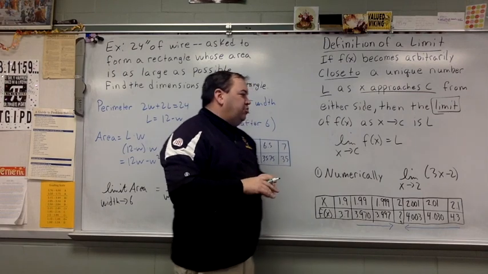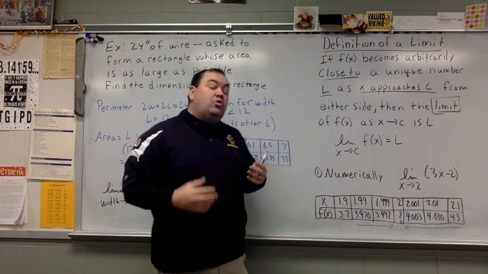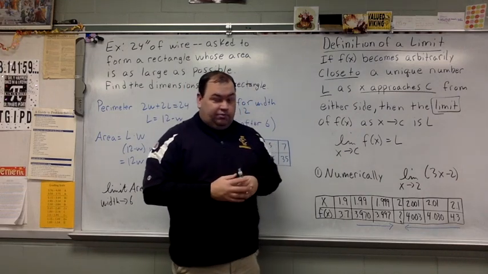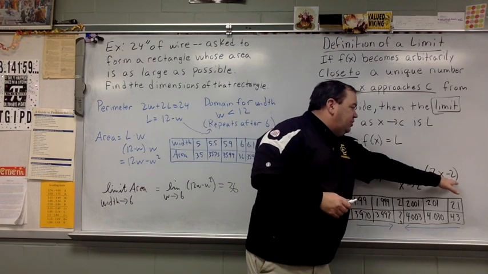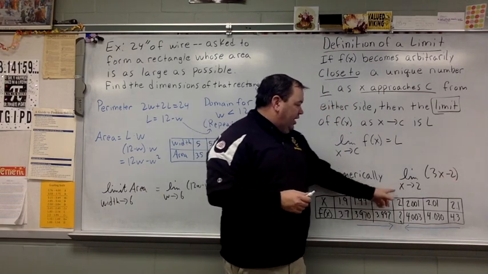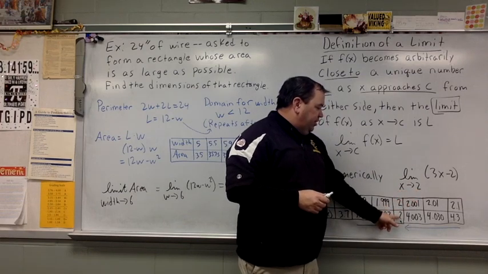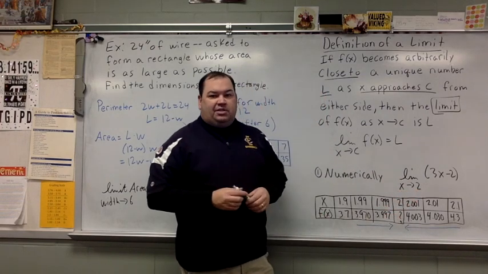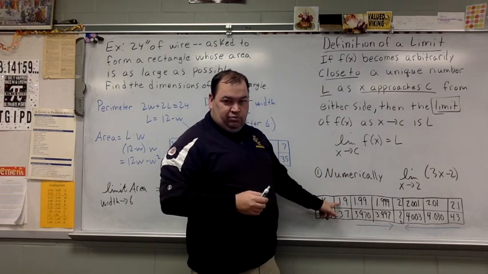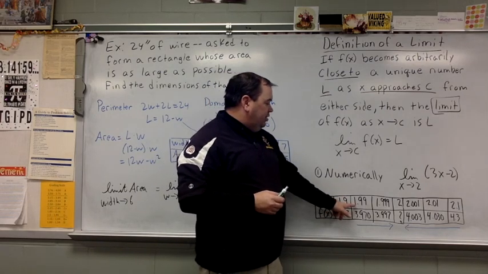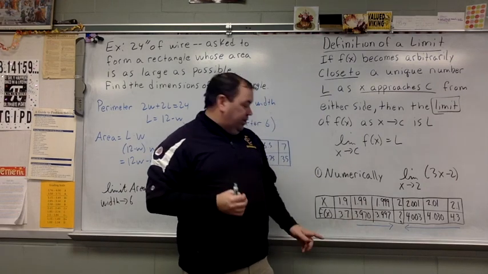There are 3 ways we're going to do these problems. The first way is similar to our example: we're going to do them numerically. This says I want to find the limit of 3x minus 2 as x approaches 2. So 2 is my target. I picked some things smaller than 2: 1.9, 1.99, 1.999, things that are really close.